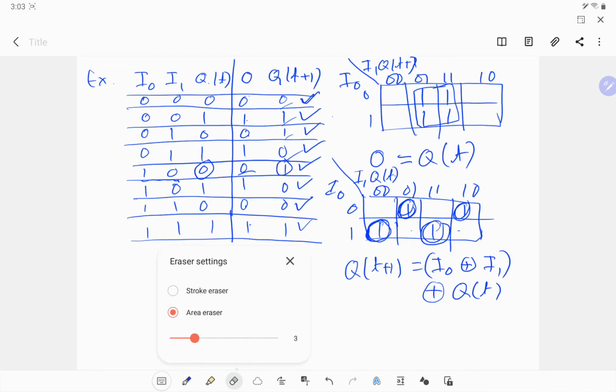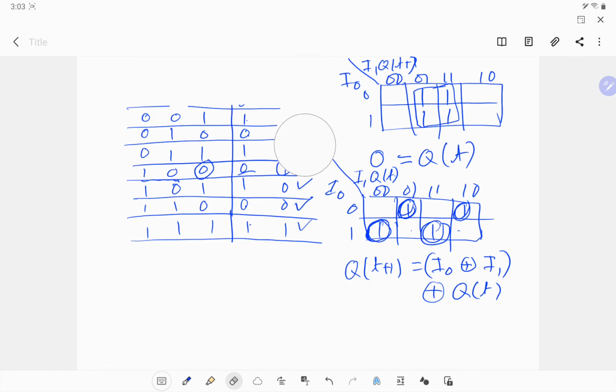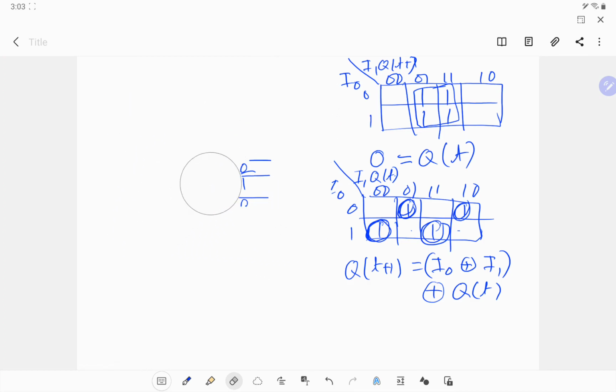We need space. So we need one flip-flop, for Q only. It has D, Q, and the clock pulse.